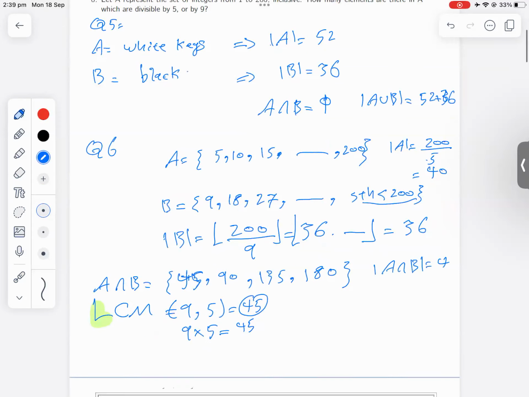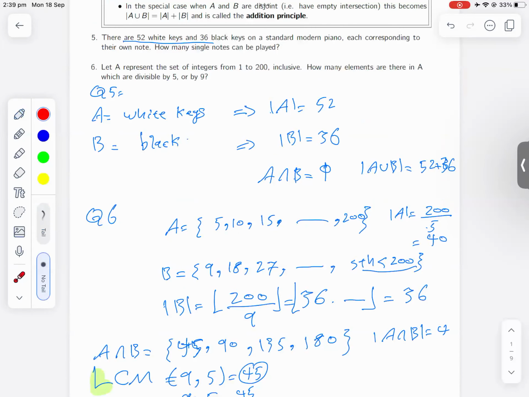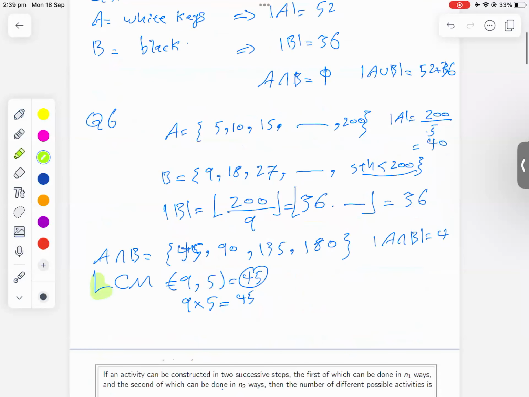As a result, the desired question asks how many elements in the set are divisible by 5 or by 9. Not 'and', 'or' by 9.